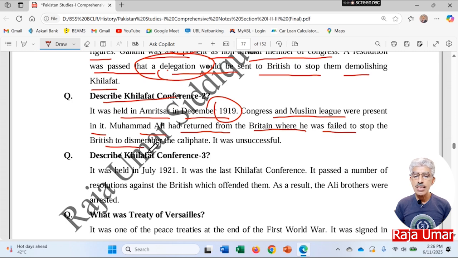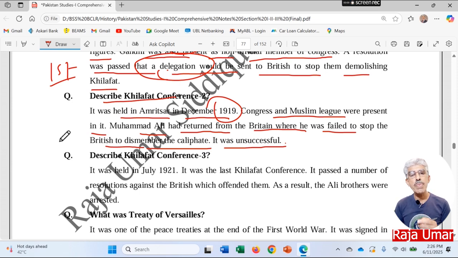It was unsuccessful. As it was decided in the first Khilafat conference that a delegation would be sent to Britain, and the British government would be asked not to dismantle the Khilafat in Turkey, but it was not listened to by the British government or the Allied forces, and they kept on disintegrating the Turkish Empire.